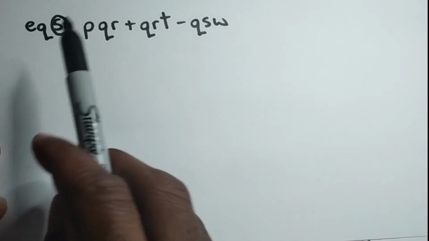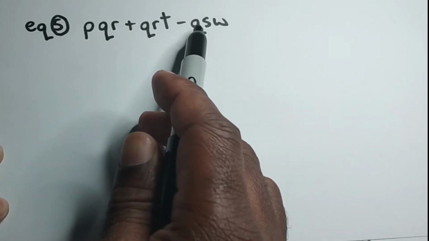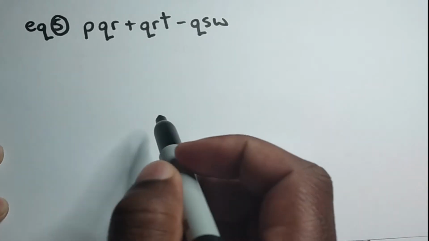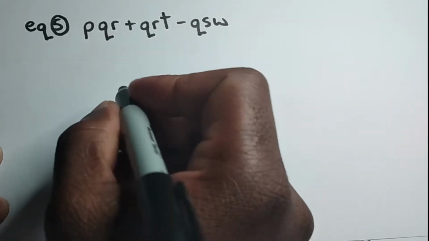Now, what if we had example 5, PQR plus QRT minus QSW? What if we had something like this? Again, we can find the factors for each term.